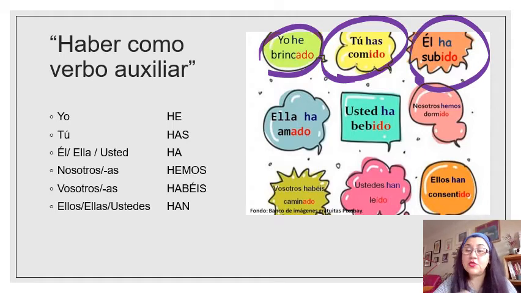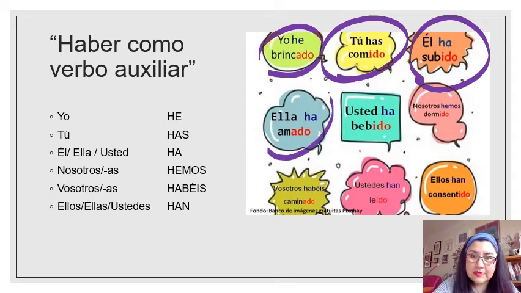Él ha subido. Subido is to either climb or to go up or to go on something. Por ejemplo, él ha subido una montaña. He has climbed a mountain. Or él ha subido al segundo piso. He has gone upstairs. It doesn't really matter. The point is, this reveals to me it's él, ella, or usted.